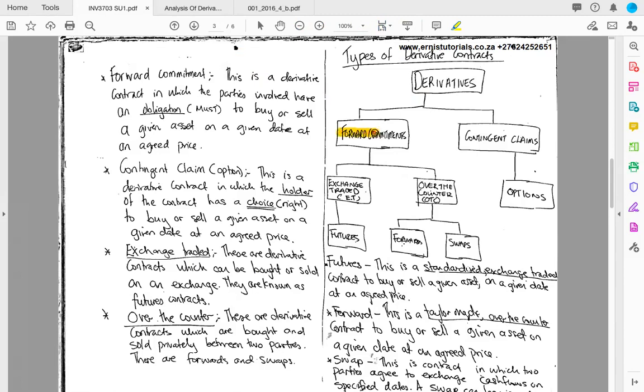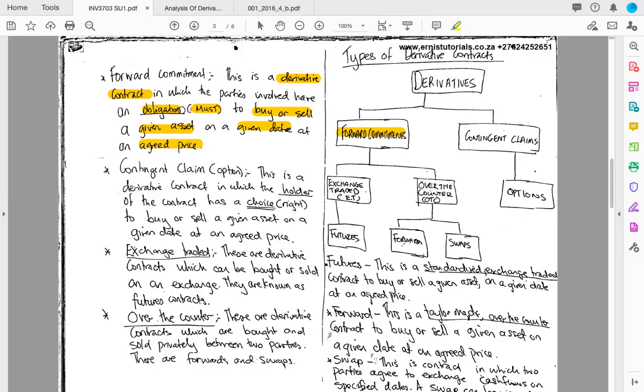This is a derivative contract in which the parties involved have an obligation, meaning they must, to buy or sell a given asset on a given date at an agreed price.